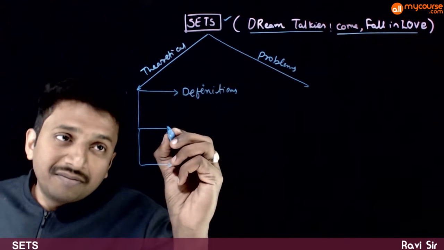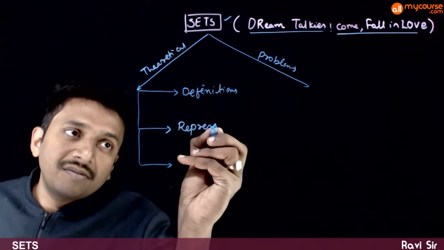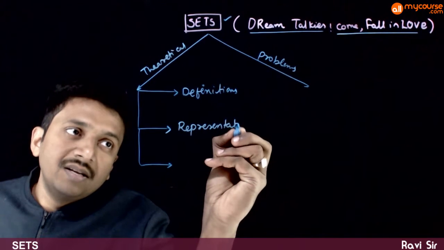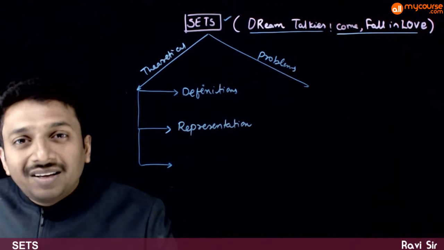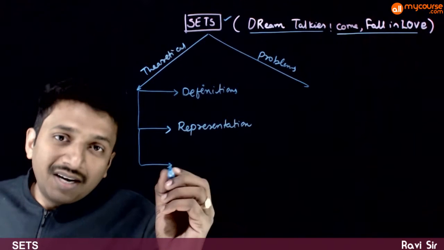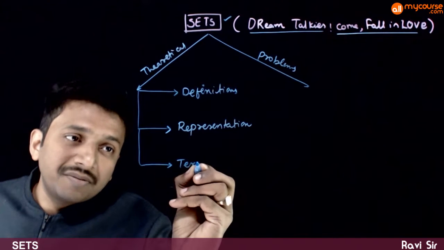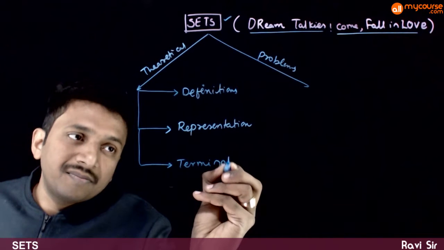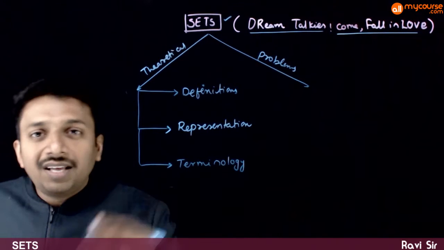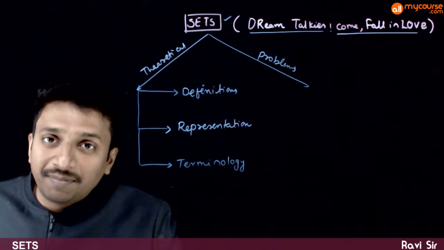And the second is representation of sets, that is how do you represent sets, how do you write sets. And the third is terminology. So we study the basic terms, the new terms that you get in this chapter.